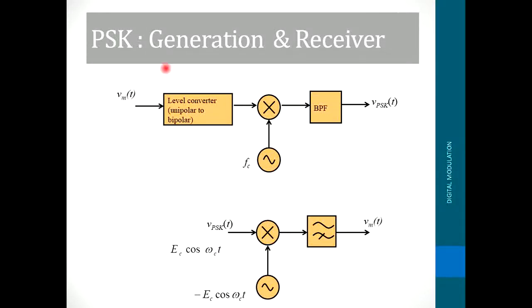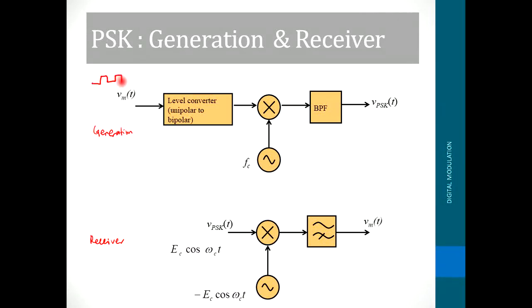Okay, and this is the block diagram for the generation and receiver of PSK. To get the BPSK, the binary phase shift keying, it can be performed by changing between two phases of the carrier.